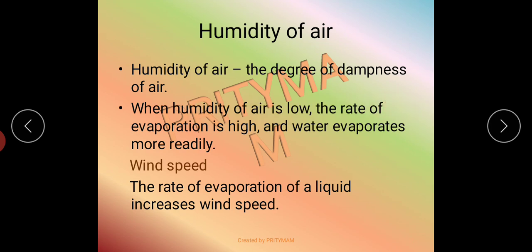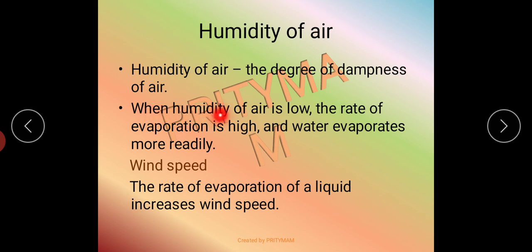On the other hand, when the amount of water vapor in the air is large, then the air appears to be damp, and we say that the humidity is high. So the humidity of air tells us the degree of dampness of the air.